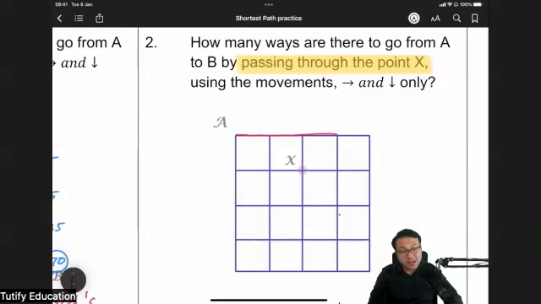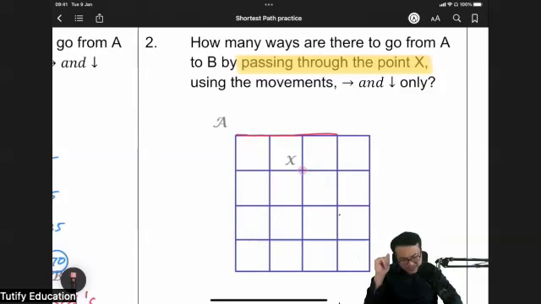I don't think so. Because the moment you travel past point X, in order to get back to point X, you will have to go backwards. And this is already a waste of time, don't you think? So in order to go through point X and yet maintain the shortest path, please don't go past point X.